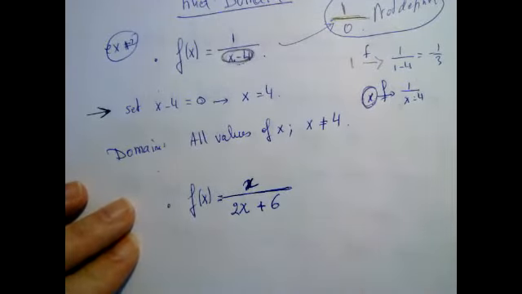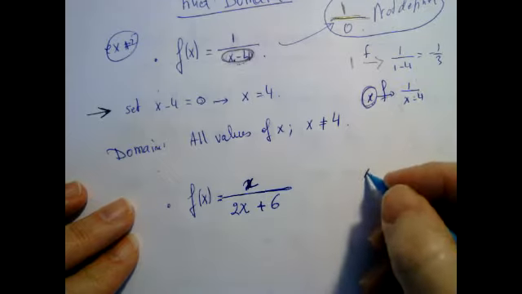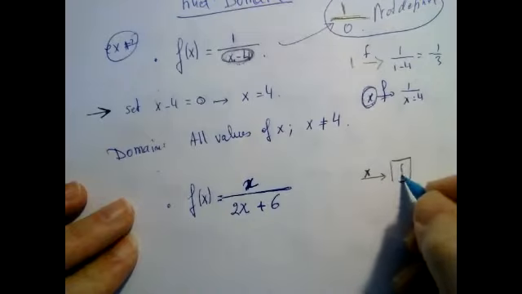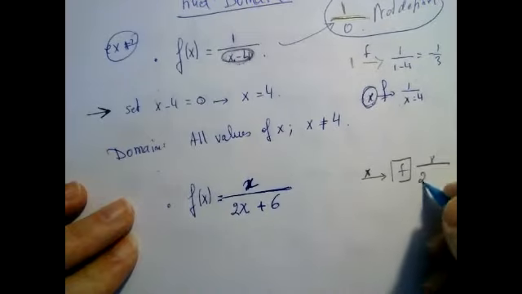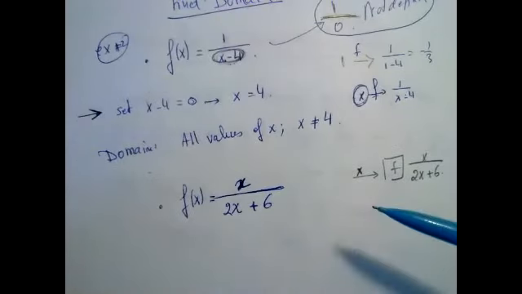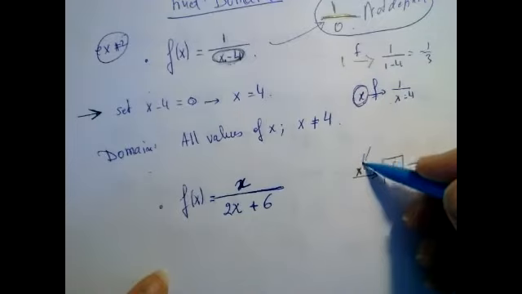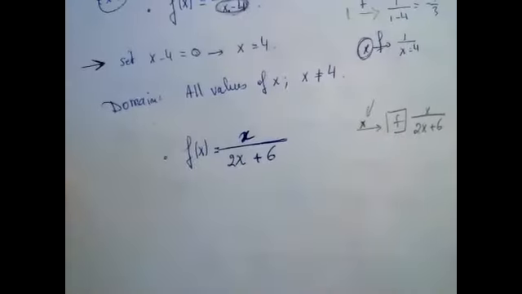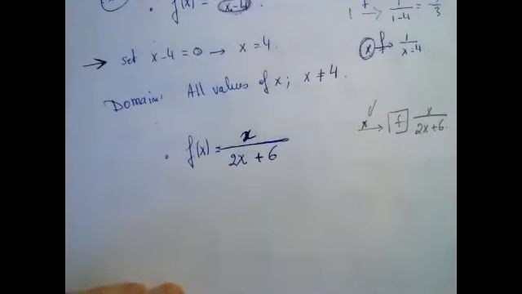So the rule is you give it an x, so that's the machine, and the machine should give you x over 2x plus 6. And the question is, what's the domain? Which value of x you cannot give to the machine? I give you a minute to figure it out, and then we're going to work it out algebraically.